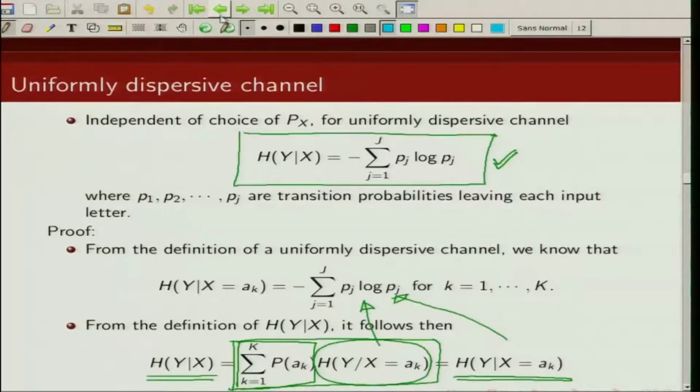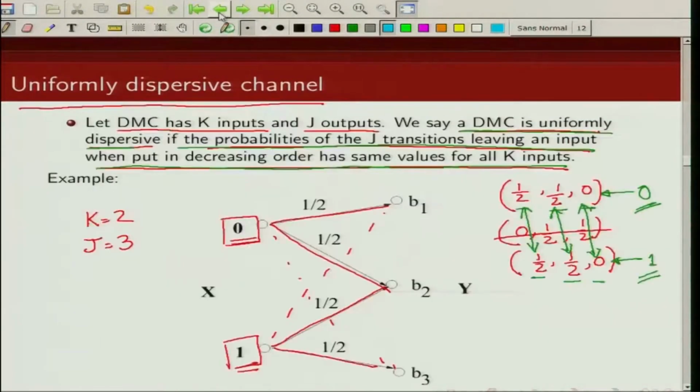Now let's go back and look at the example that we did. Is this a uniformly focusing channel? If you look at B1, the transition from here is half. From this particular node there is no transition. What about this node? The transition probabilities are half and half, and for this node the transition probabilities are 0 and half.